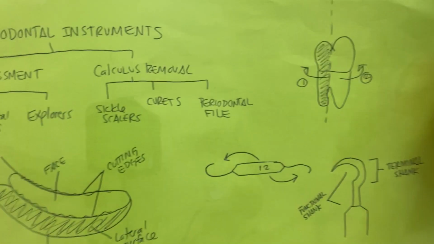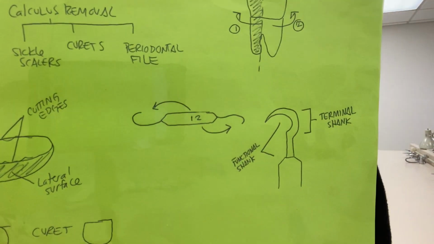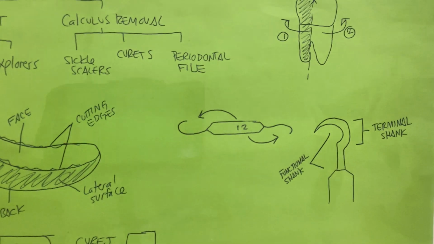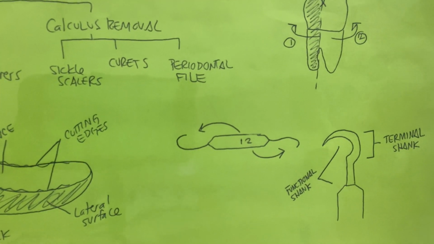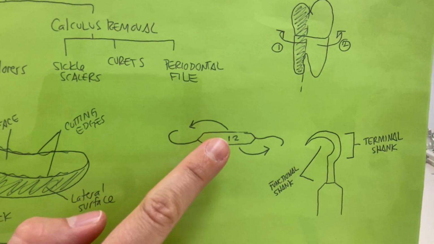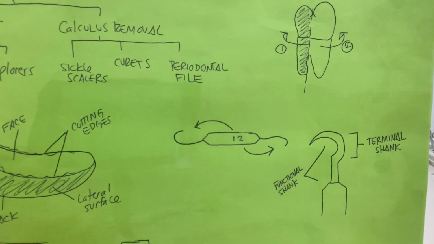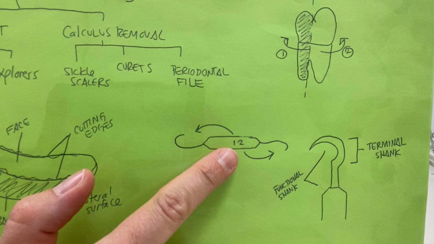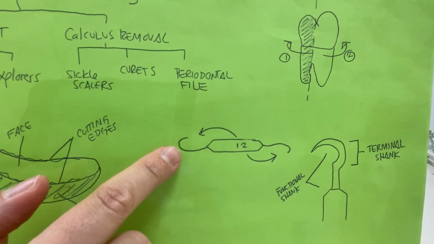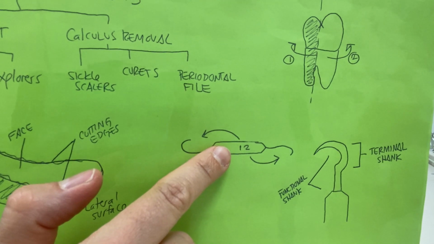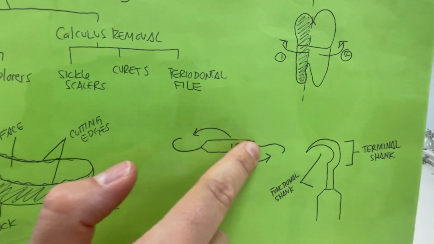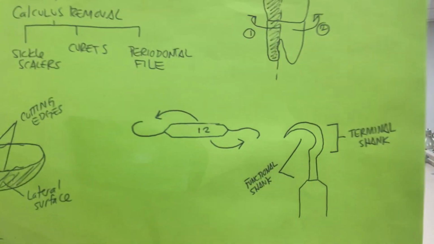When we are naming instruments and trying to decide, we talked about how it can either be the person who invented the instrument, like a Gracey, or it can go by numbers. And so for this one in particular, if it's a 1, 2, the end that is the 1 is the end that is closest to the 1. And then the end that's a 2 is the end that is closest to the 2.